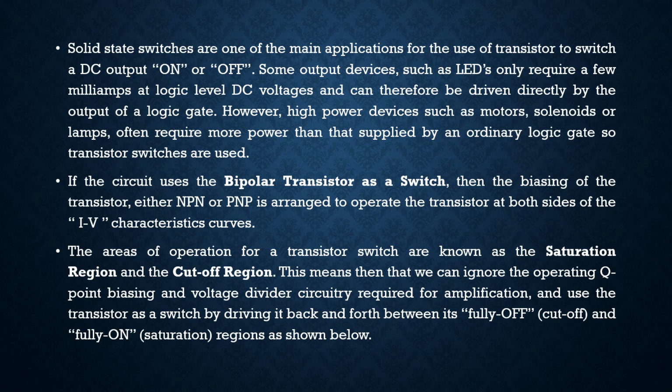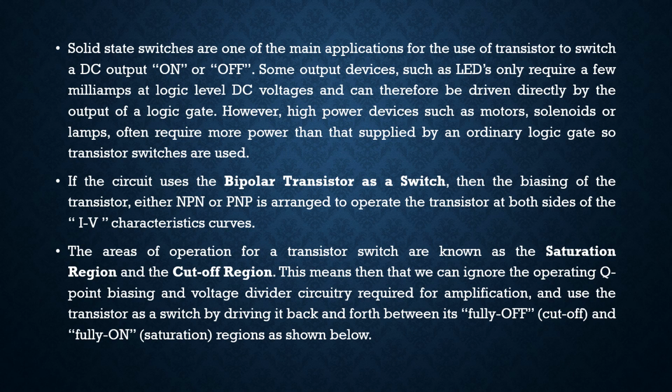If the circuit uses the bipolar transistor switch, then biasing of the transistor, either NPN or PNP, is arranged to operate the transistor at both sides of the IV characteristics. The areas of operation for a transistor switch are known as the saturation region and the cutoff region.